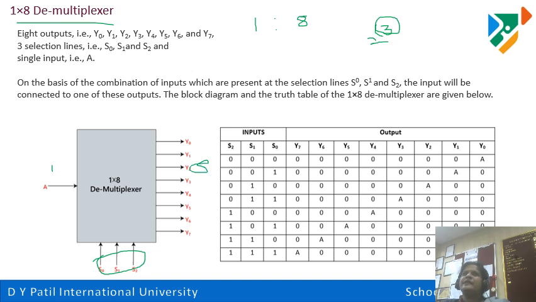In order to make 3 select lines, what are the possible combinations? 000, 001, 010, 011, 100, 101, 110 and 111, the maximum combination. And if you see, it will always be in this diagonal form. It is because the rest of the things are 0 and it should be available only for one case, and hence we have written it like this.